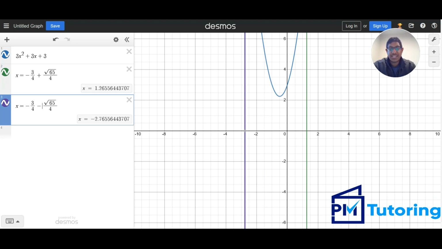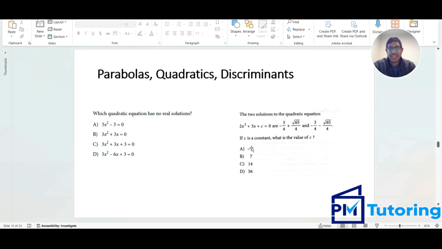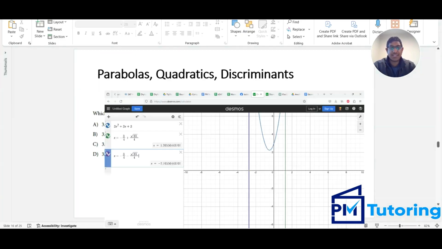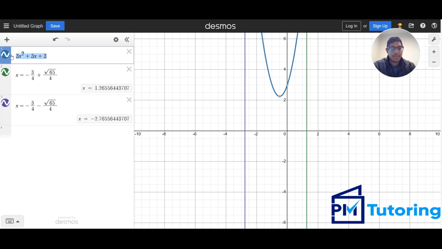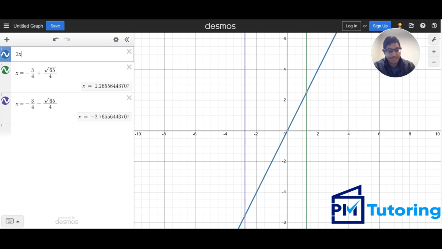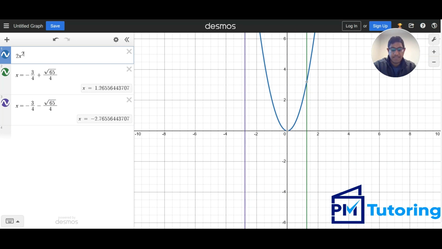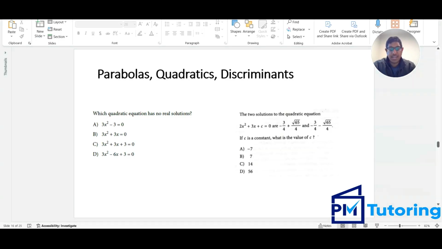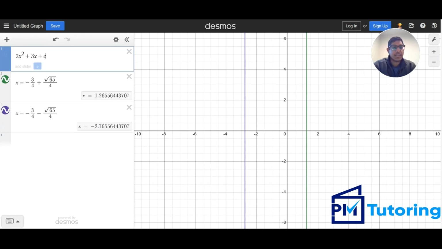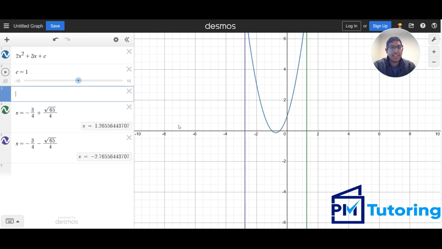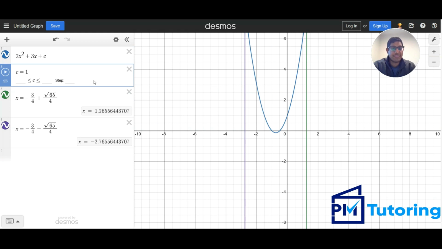And now we just need to make a parabola, 2x squared plus 3x plus c. We'll add that slider for c. And now all we have to do is just play around with c until we have our x-intercepts at those same points.